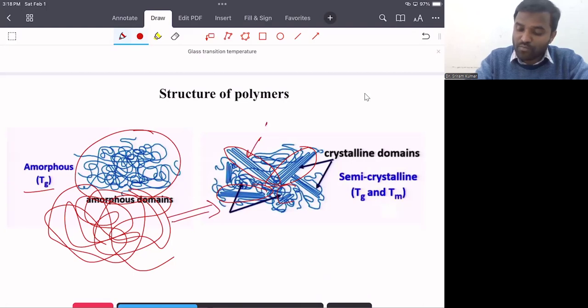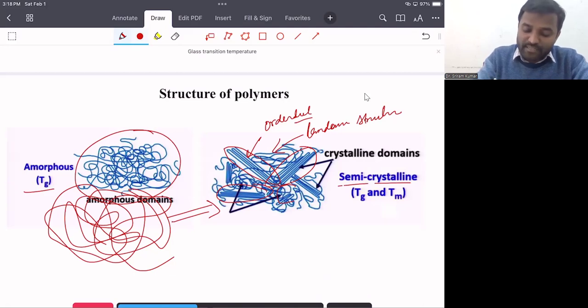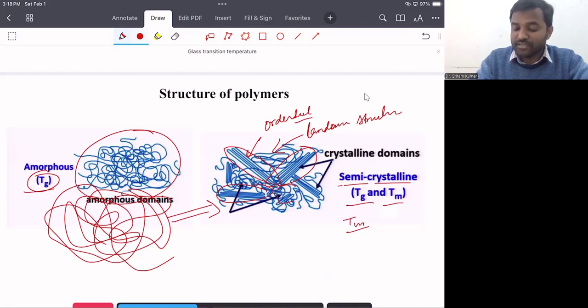So we have ordered structures and random structures of the positions, and that's what is called the semi-crystalline polymer. We have glass transition temperature for amorphous polymers only, and the semi-crystalline polymer has glass transition temperature and melting point as well. And for the crystalline polymer, we have only melting point, not glass transition temperature.